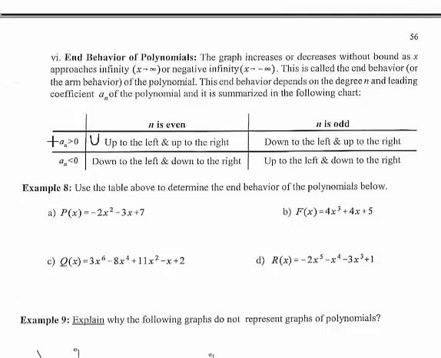If the leading coefficient is positive and n is odd, the degree is odd. So with n, you need to think degree, and so we're talking about degree is odd, and here we're talking about degree is even.